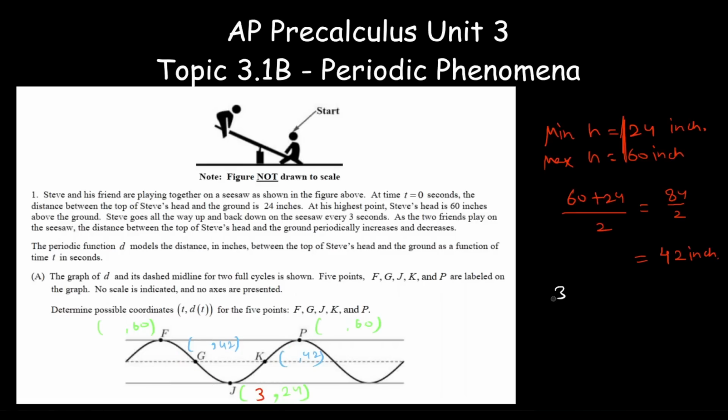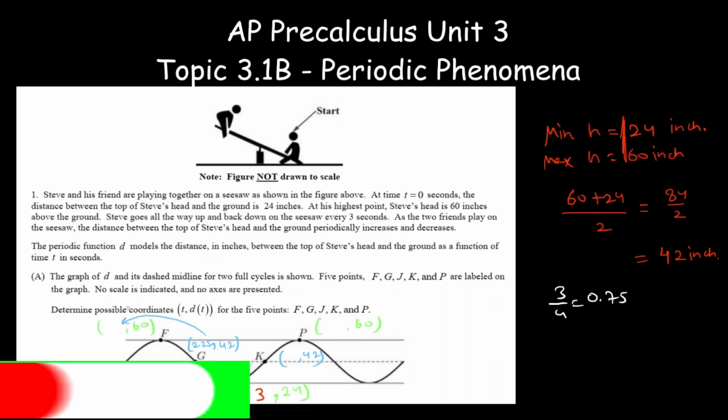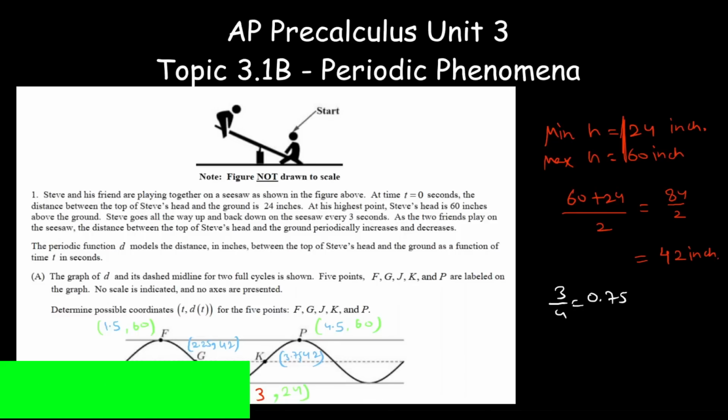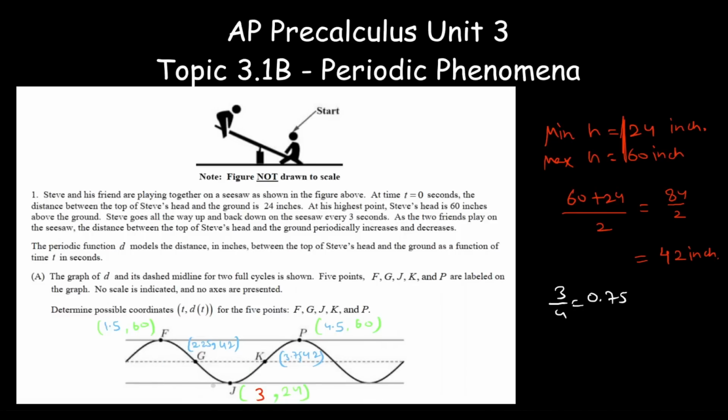If you go 0.75 units back from here, it will become 2.25. You go 0.75 units back again, so it will become 1.5. You go 0.75 units forward to become 3.75, and then again forward for it to be 4.5. So this is how a possible set of coordinates would look. I think all the 5 points are mentioned over here.